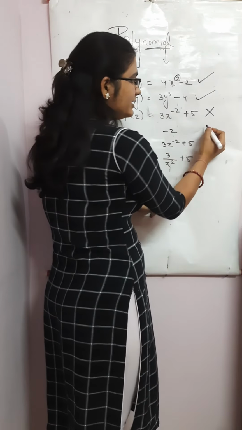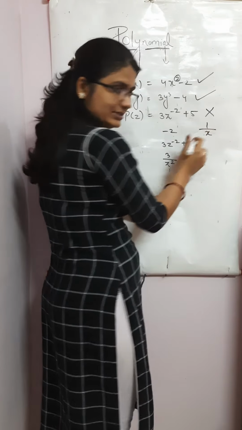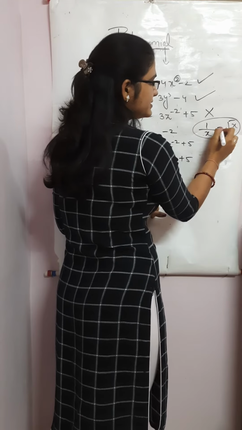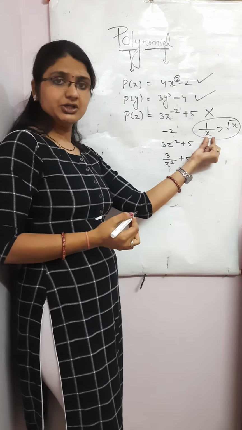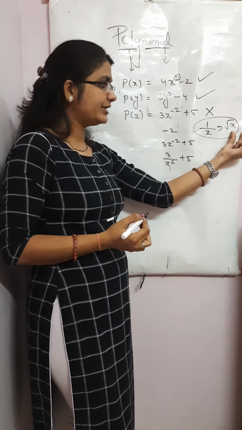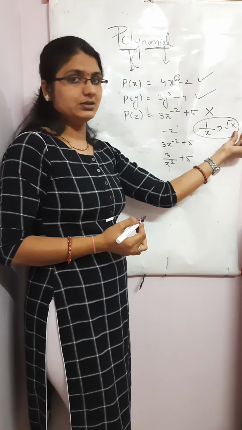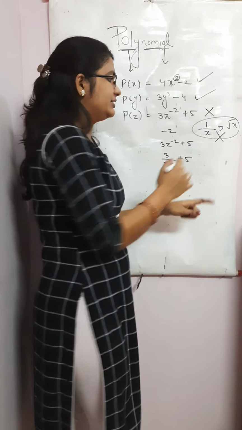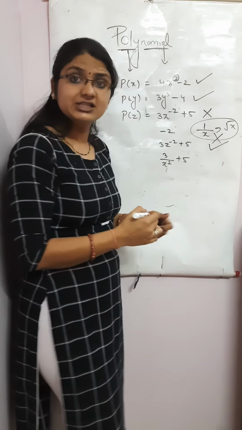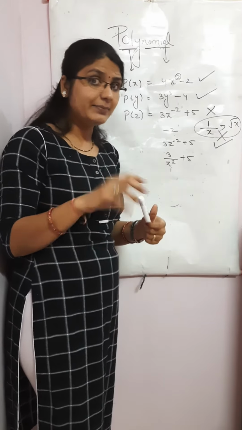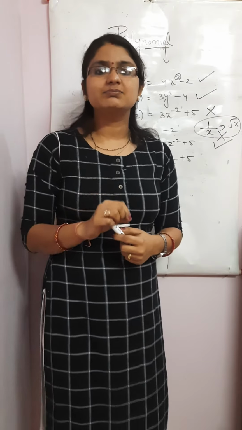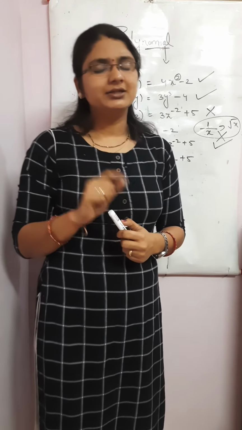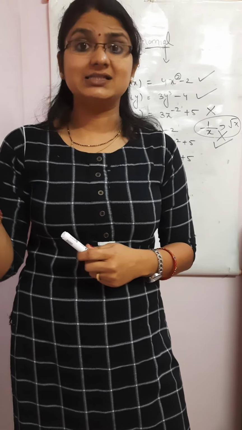If the variable terms appear in a denominator or under a radical sign, then the given expression is not a polynomial, but it is an algebraic expression, because in an algebraic expression the exponent's power can be a rational number or a real number, but in a polynomial the power is always a whole number.